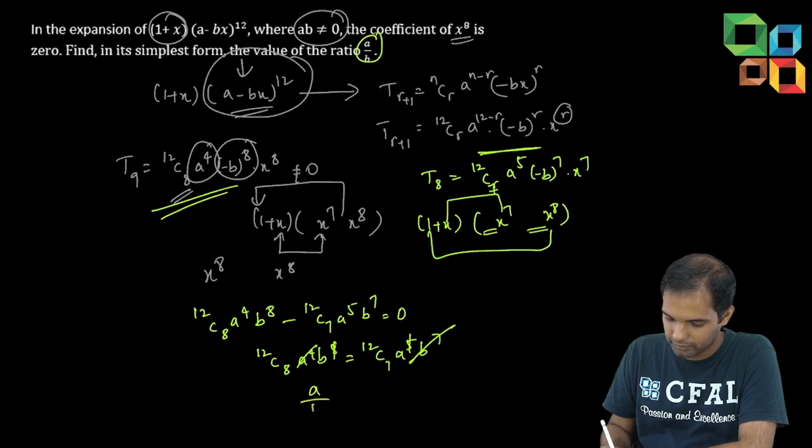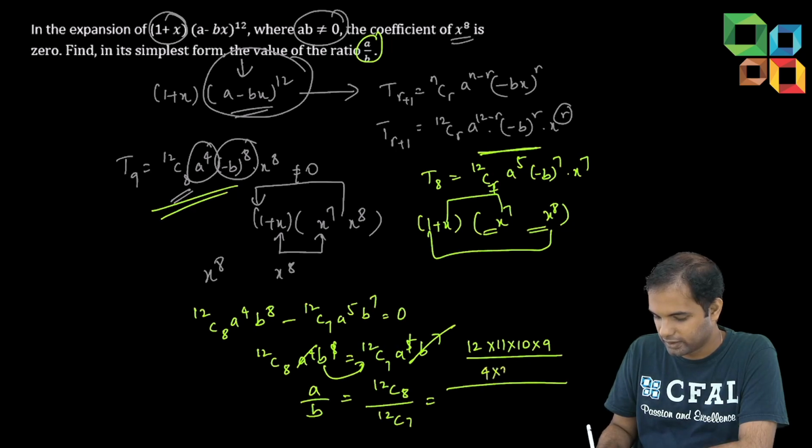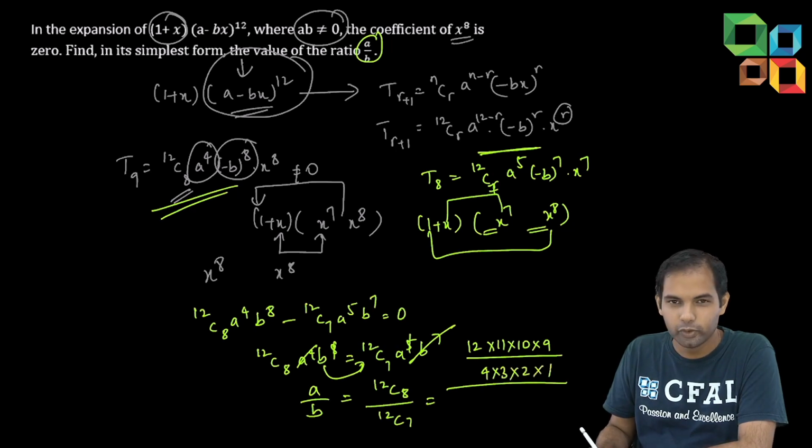A by b, by taking b to the other side, is equal to 12c8 divided by 12c7. Let's simplify it. 12c8 is nothing but 12c4, so 12 into 11 into 10 into 9 divided by 4 factorial.